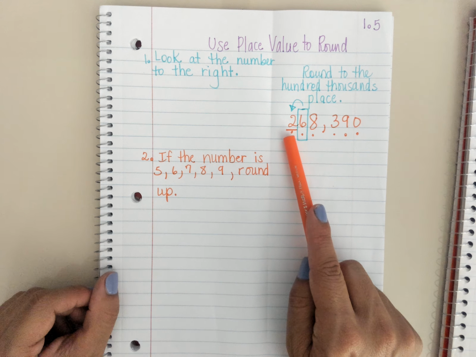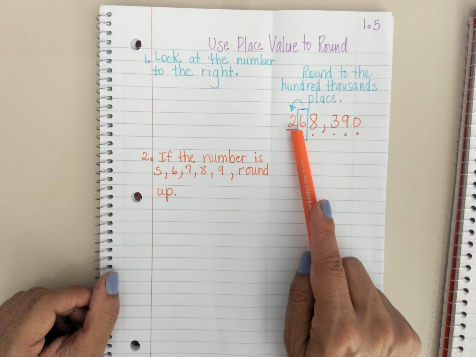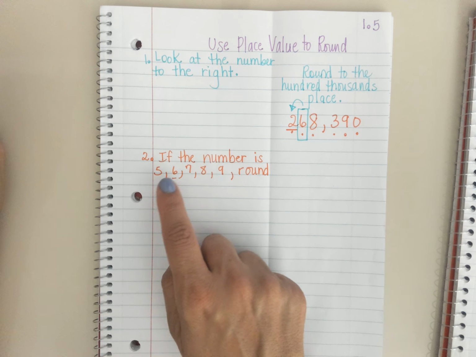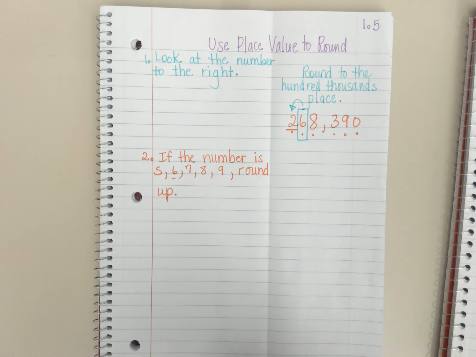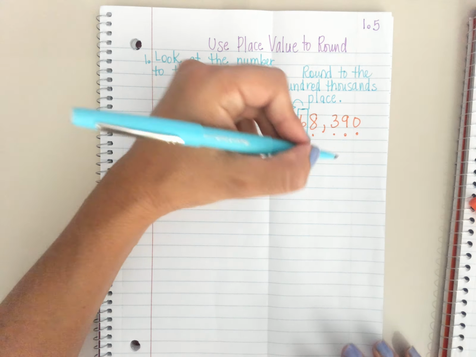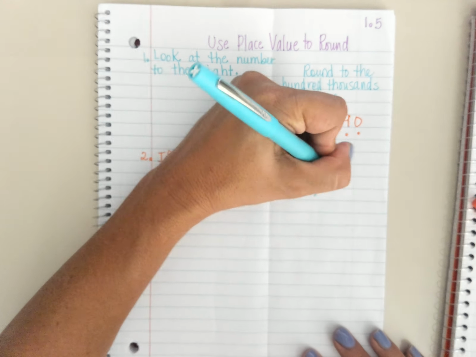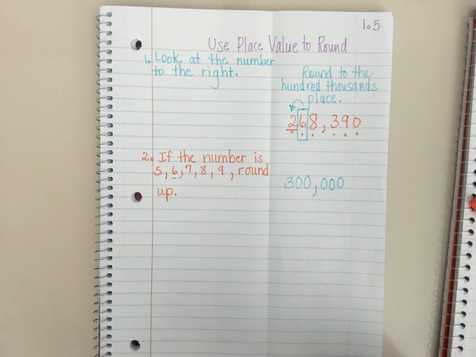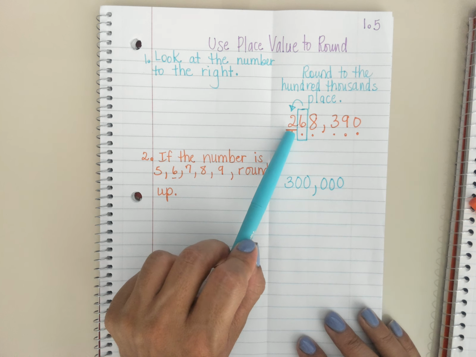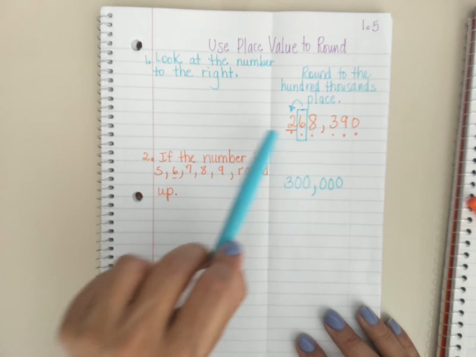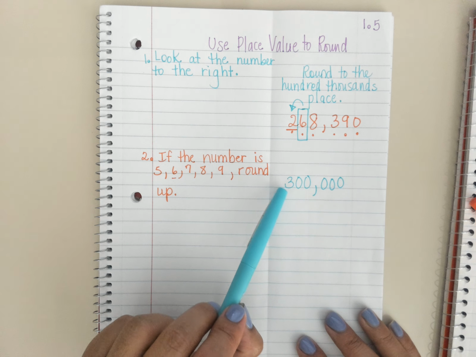That determines what we do with this 2. We are going to round up because these numbers are large numbers. So the answer is 300,000. It makes sense because, again, we asked, does 268,390 round down to 200,000 or up to 300,000?